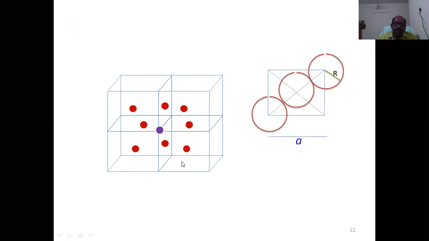So there are two cubes over another two cubes in this picture. In order to get a clear view, I have represented only the face centered lattice points, not the lattice points at the corners. Here I am taking this point as our reference, and we are focusing our attention at this point as the center.